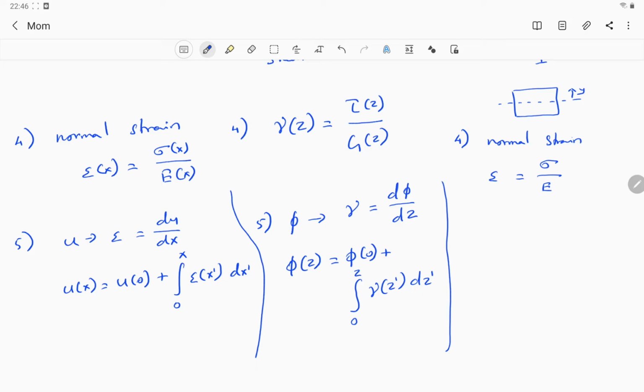Now in the bending element we will calculate something called the radius of curvature, rho. How can we calculate the radius of curvature?